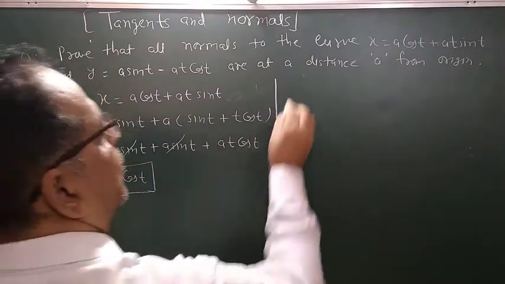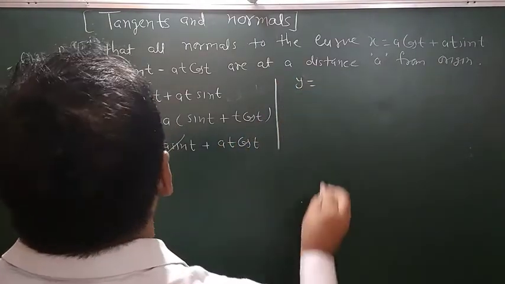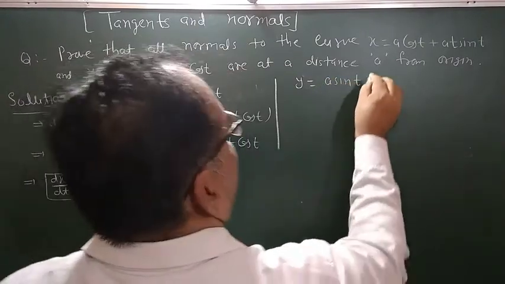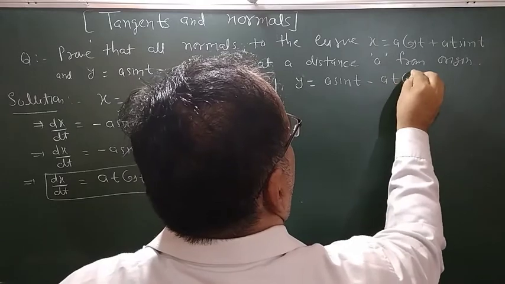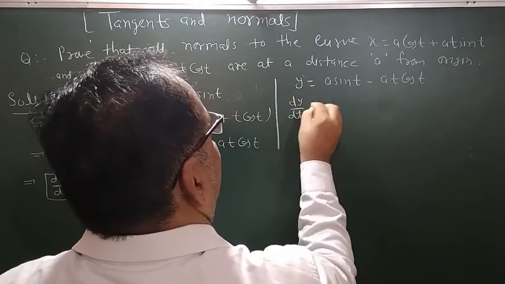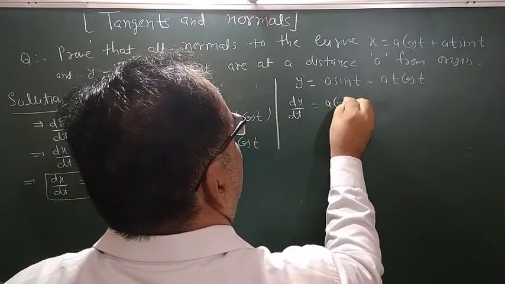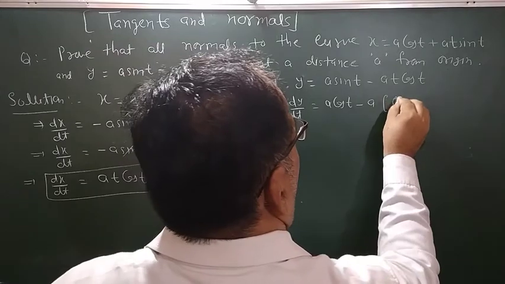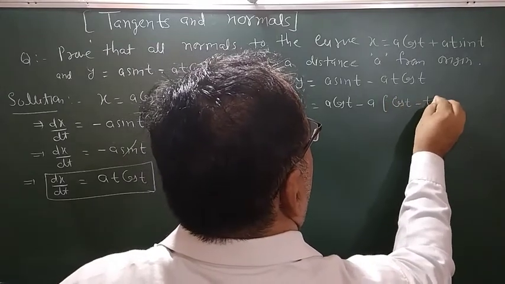Here y equals a sin t minus at cos t. So dy over dt equals a cos t minus a times the derivative of t cos t. So this becomes cos t minus t sin t.